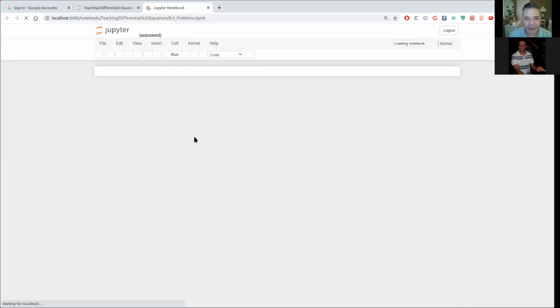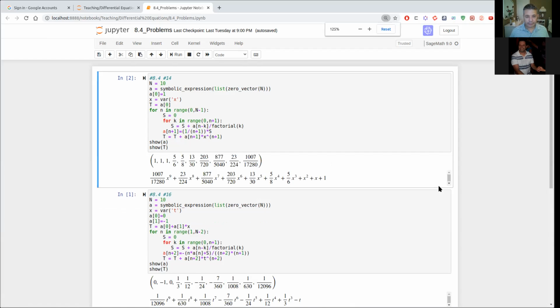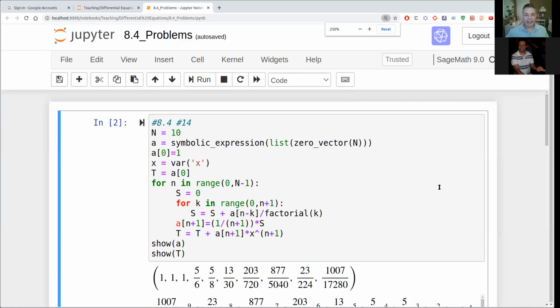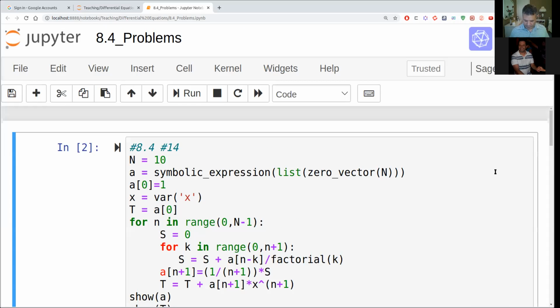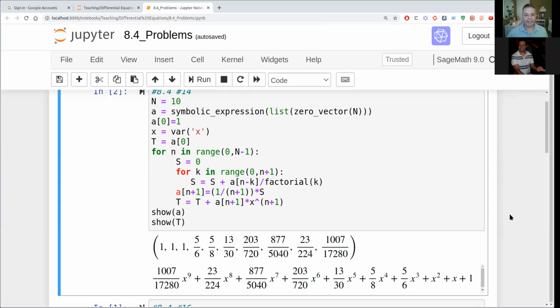Give my computer a second, it's old. Let's zoom in a little bit, and zoom back out a little bit. This is the problem that we're really doing.